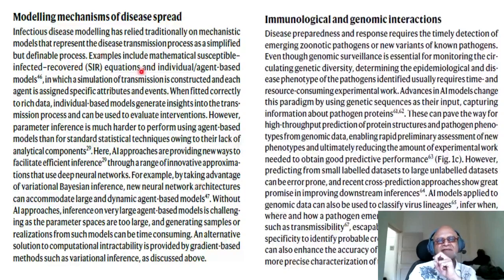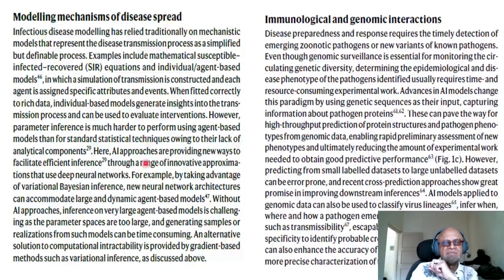Infectious disease modeling has relied traditionally on mechanistic models that represent the disease transmission process as a simplified but definable process. Examples include mathematical susceptible, infected, recovered (SIR) equations, and individual agent-based models in which a simulation of transmission is constructed and each agent is assigned specific attributes and events. When fitted correctly to rich data, individual-based models generate insights into the transmission process and can be used to evaluate interventions.